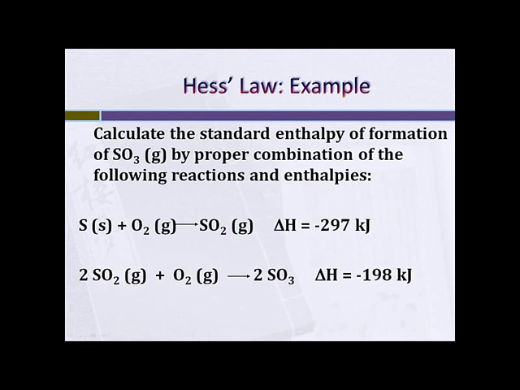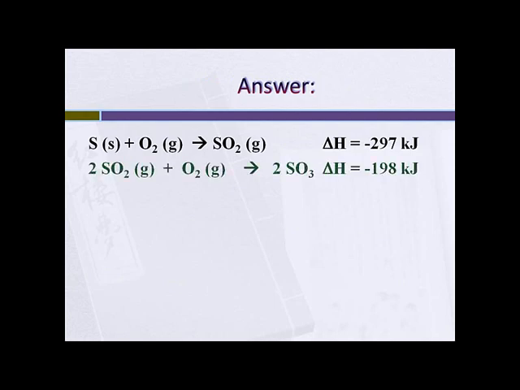So, calculate the standard enthalpy of formation of SO3 by proper combination of the following reactions and enthalpies. But what you'll notice is we've got a standard enthalpy of formation and we've got a combustion reaction. Now the answer to this is pretty straightforward. We have the sulfur producing the sulfur dioxide, and we also have 2 SO2 making 2 SO3s.